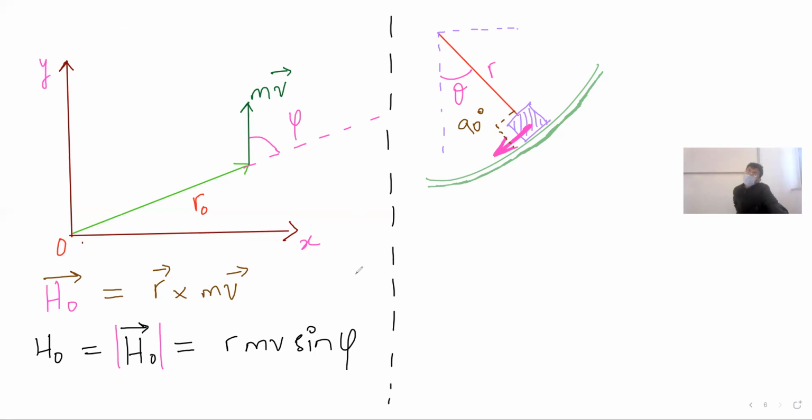I think I understand where you are going with this. What you're saying is, what if we make a projection? Your question is, can we write phi in the form of the components of V and R naught? The answer is yes, I believe so.